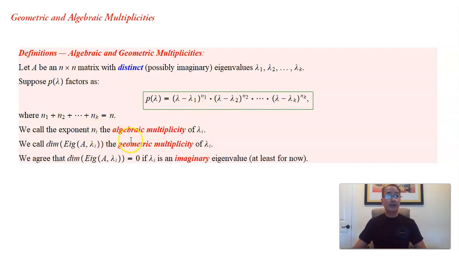We call the exponent n sub I the algebraic multiplicity of lambda I. And we call the dimension of the corresponding eigenspace for A with respect to lambda I, the geometric multiplicity of lambda I. We will agree that this dimension will be 0 if lambda I is an imaginary eigenvalue, at least for now. So there's something a little mysterious about this caveat.